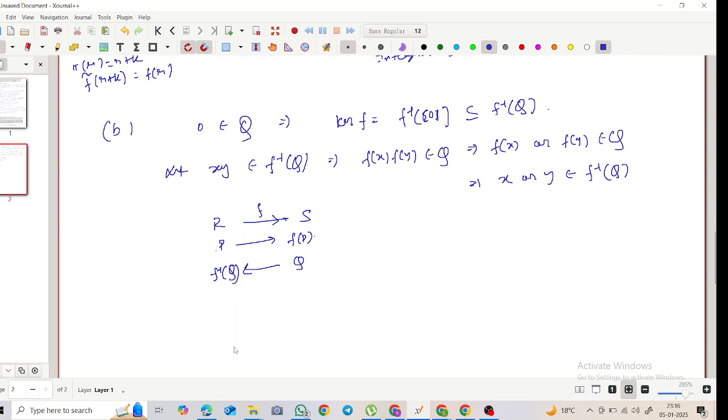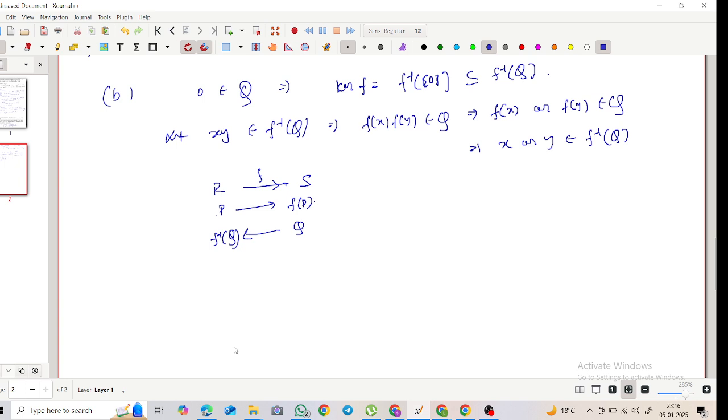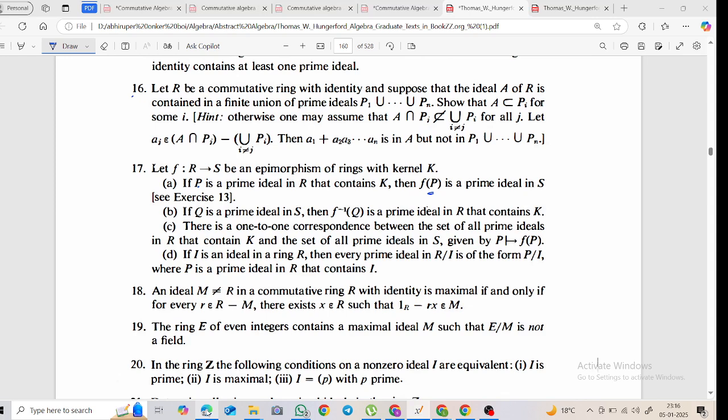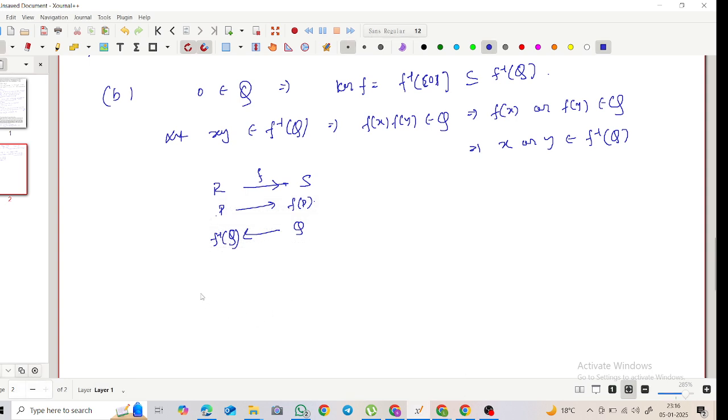But is this correspondence one to one? That should be a natural question. Can it happen that, if f(P) equals f(Q), so let P, Q be prime in R and f(P) equals f(Q).